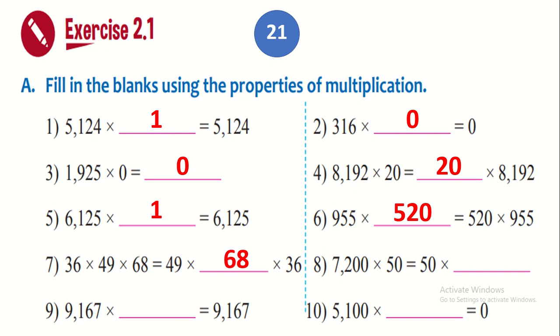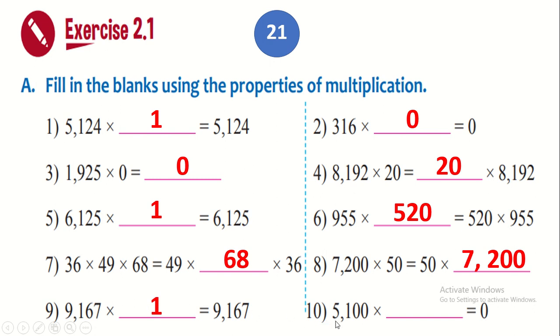Number 8. 7,200 times 50 is equals to 50 times the missing number, the position change, 7,200. Correct, students? Okay, number 9. 9,167 times what number? The same answer, the same with number 1 and number 5. Multiply by 1.